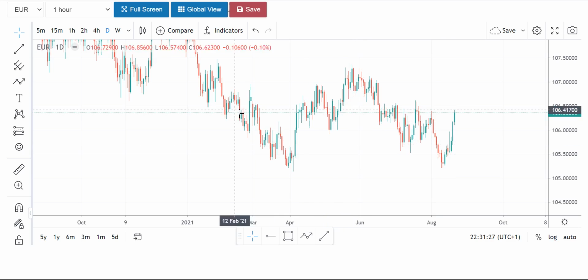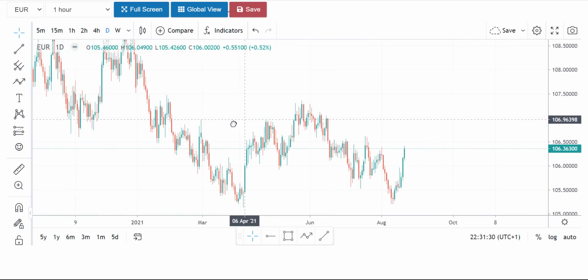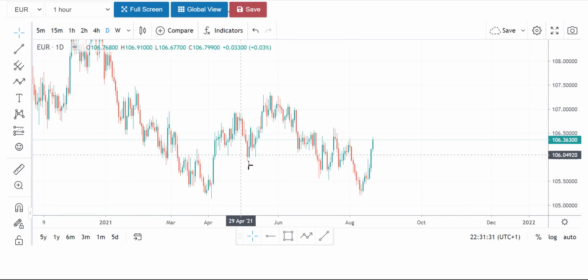Now let's move to the daily time frame to see what the euro is doing. If you look at the euro carefully, we'll notice that the euro has broken down structure to the downside. We have impulse here, correction, impulse, correction that broke this previous high.